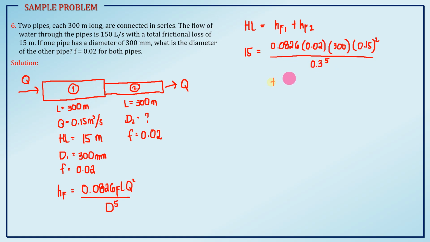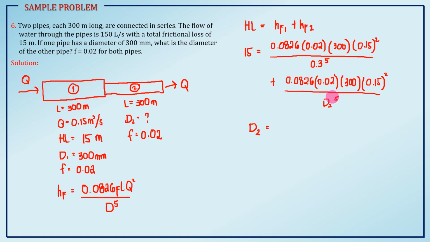Then plus the HF2 na 0.0826, F 0.02, L ay 300, Q 0.15 squared over D natin at that point, D2 raised to 5. So, here, ang unknown lang na natin is the diameter doon sa other pipe natin. So, masasolve natin to agad. You can apply shift solve, but again, simplify nyo muna kung kaya sa time niyo.